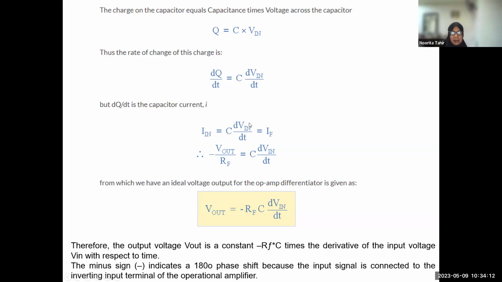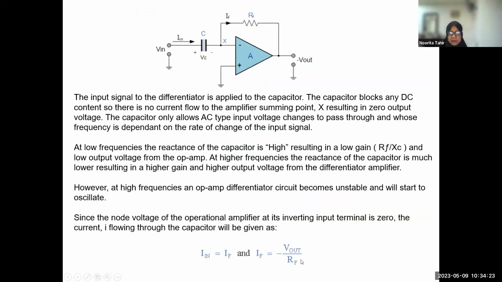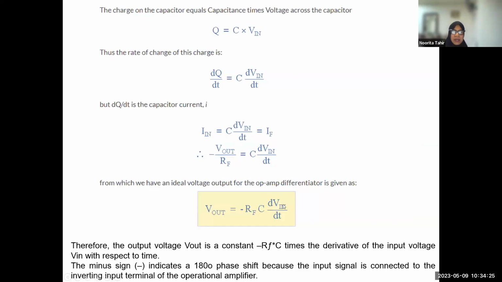And from there, we can compute what In is. We know In just now earlier is Vout over RF. So Vout is C, a constant, times the differentiated value of Vin.